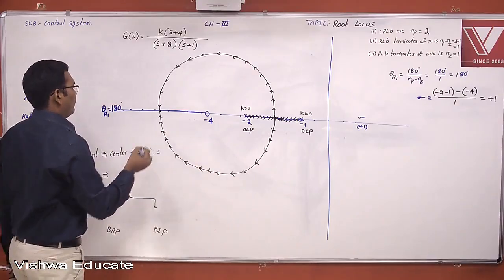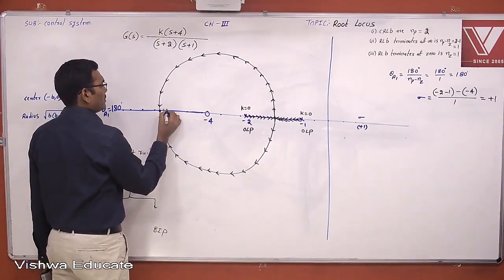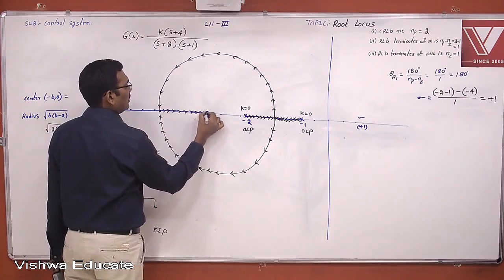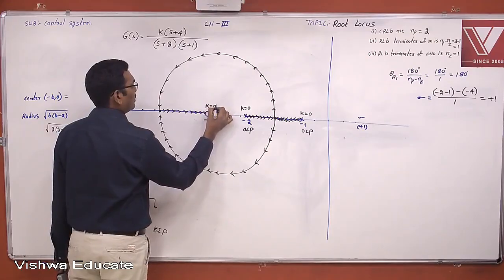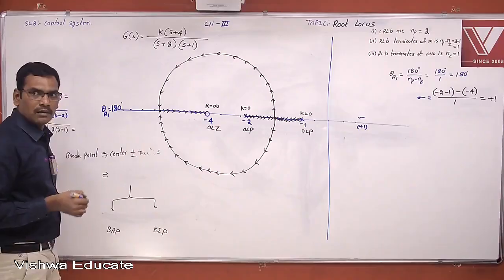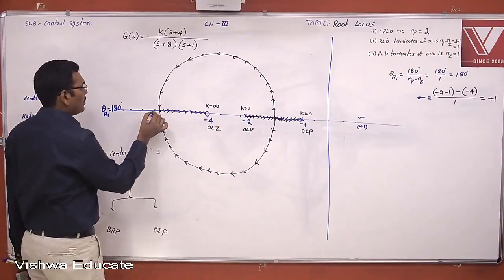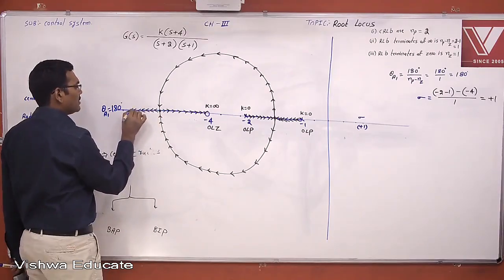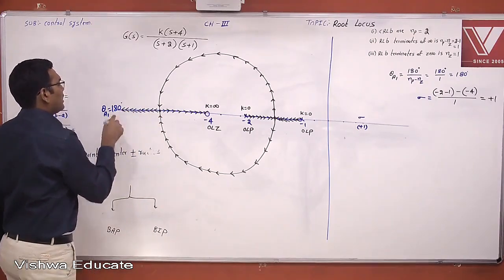Now as k is changing, the closed loop pole is moving and terminates with k equal to infinity, terminates with the open loop zero. As k is changing, the closed loop pole is moving in this direction, because this is the angle of asymptote.